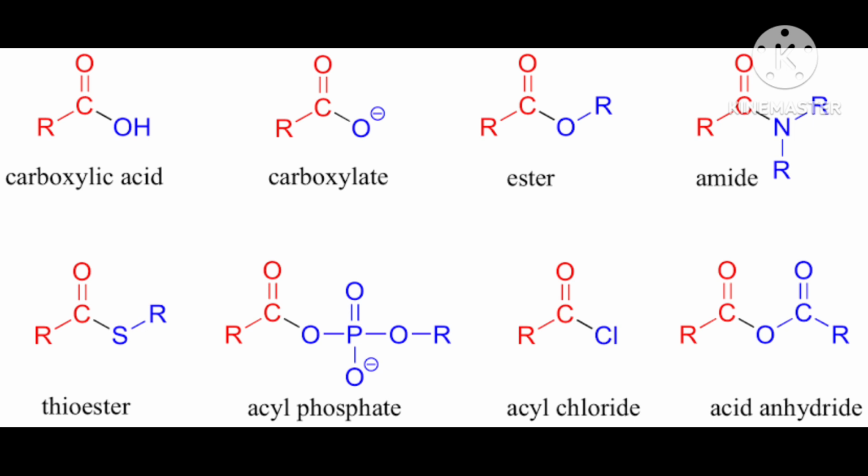Then it will be pent-2-en-al. For pentane you are adding pent. Carbon number 2 has a double bond, that's why 2-en. And at the end, for aldehyde you are writing al, hence pent-2-en-al.